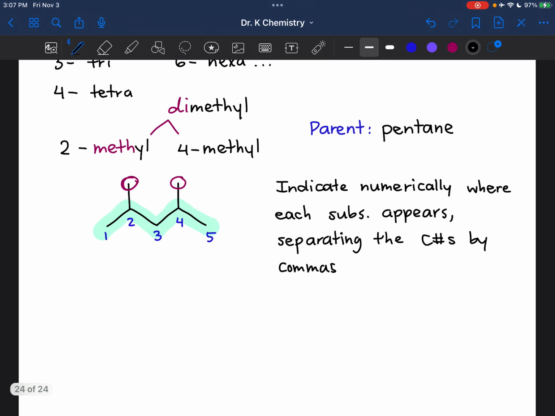Okay, so they appear on carbons 2 and 4. I'm separating those numbers by commas. Then I will use a dash and say dimethyl. So same system as before. And then I'll tack on the parent name, which is pentane. So this molecule ends up being called 2,4-dimethylpentane.